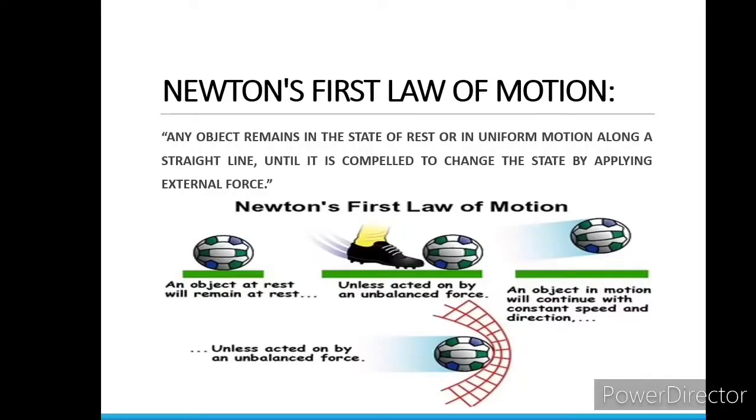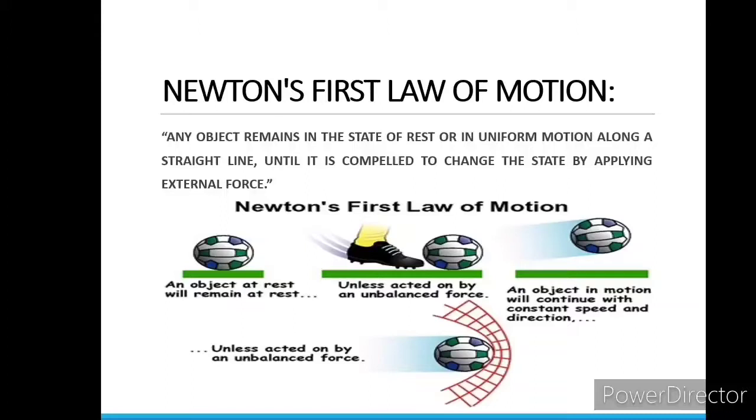Now the ball is moving. Since the ball is moving, it is in motion, meaning it is changing its position with time. So an object in motion will continue with constant speed. It will not change its speed, although you can observe a slight change in its speed due to friction applied by air.